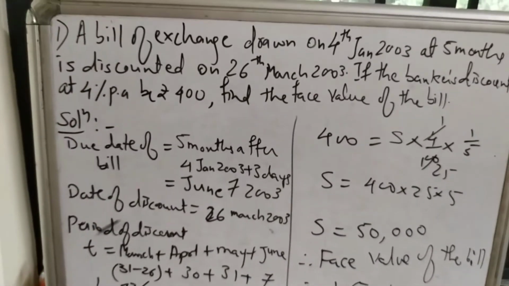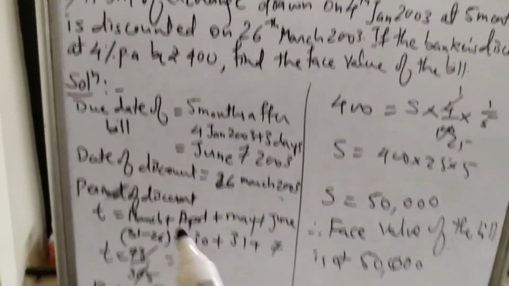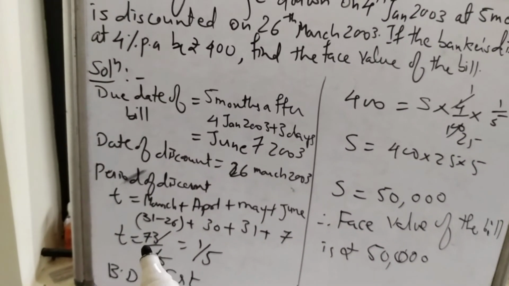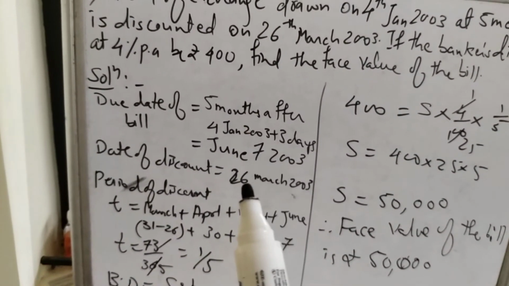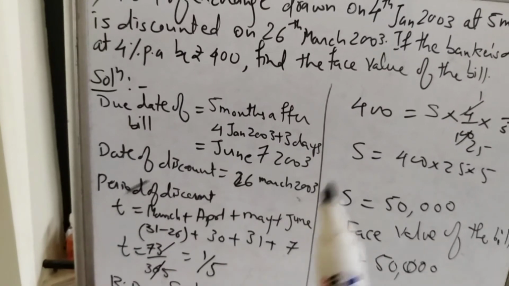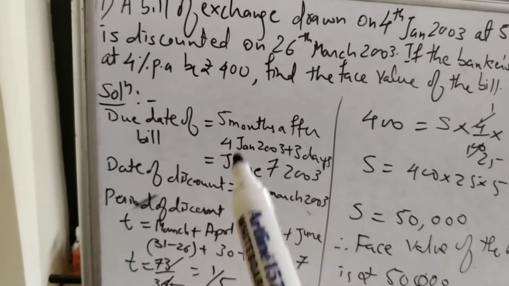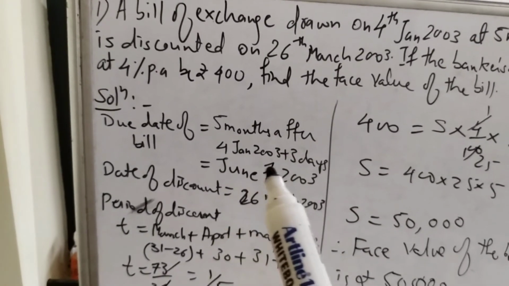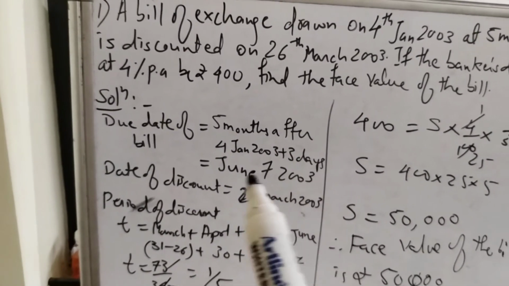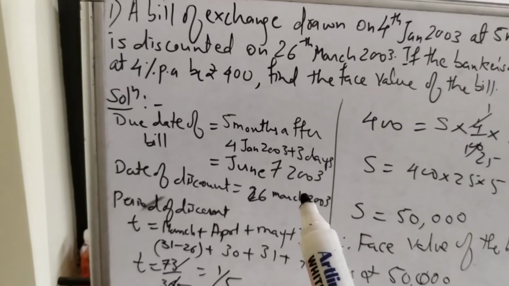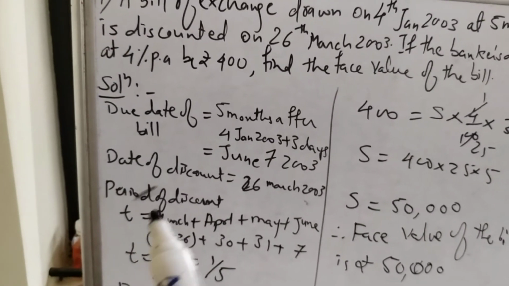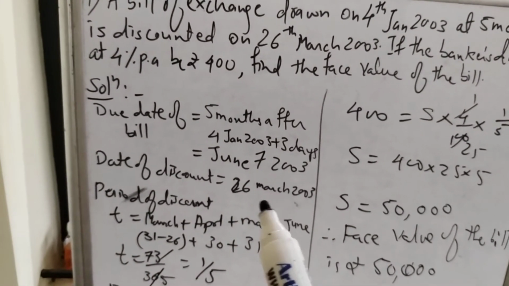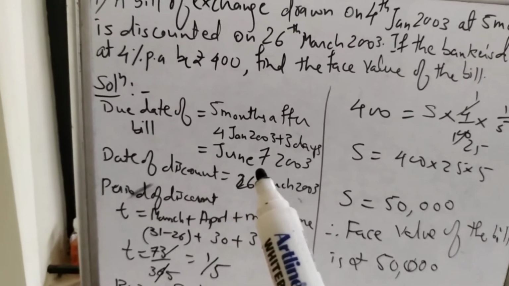So here the important thing is we need to calculate the time period. And how do we calculate the time period? The number of days from the date of discount to the due date. So first you need to find the due date of the bill, that is 5 months after 4 January plus 3 days of grace, and we get June 7, 2003. To calculate the time period, you calculate the number of days from March 26 to June 7.